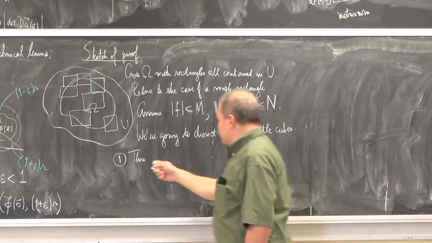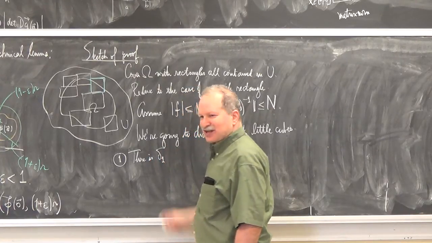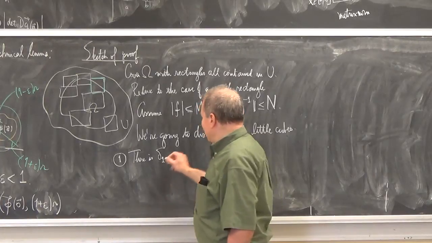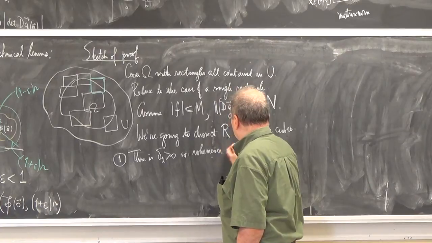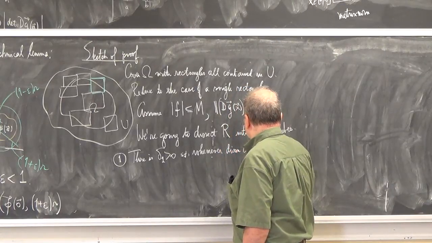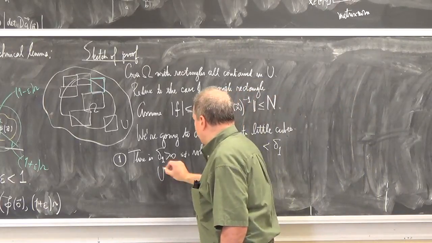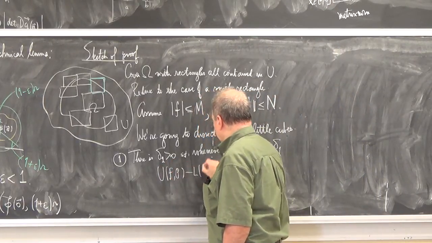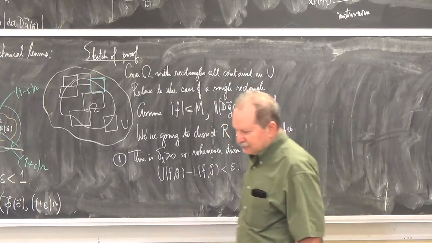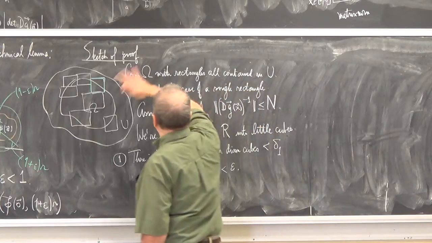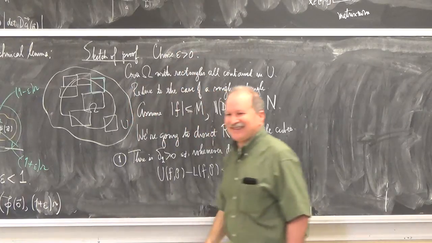First thing you know from homework, there is a number delta 1. There's going to be a bunch of deltas coming here. So that whenever the diameter of our cubes is less than delta 1, we have upper sum minus lower sum less than epsilon. Of course, at the very beginning I should have said choose epsilon greater than 0.